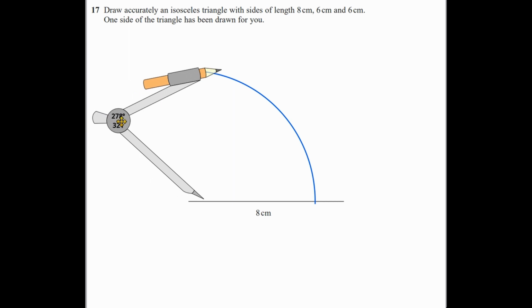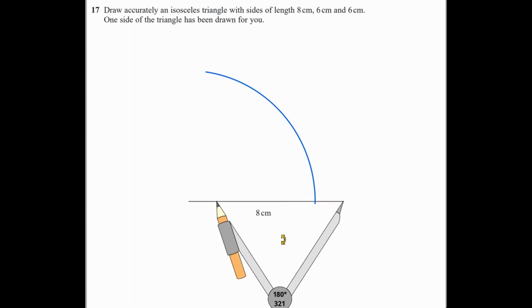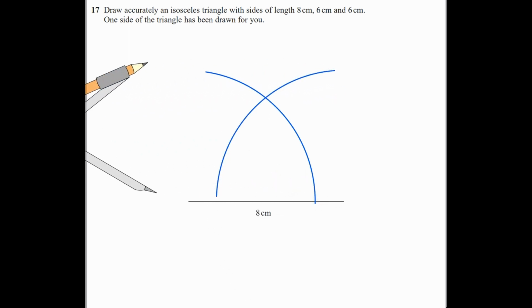What I now need to do is move so that my point is on the other side of the base. I'm just going to bring this round here. What I'm now going to do is draw another circle here. Now, having done that, I have a point here where the two lines have met. That point there, because of the way I've drawn it, is exactly 6 centimetres away from this edge.